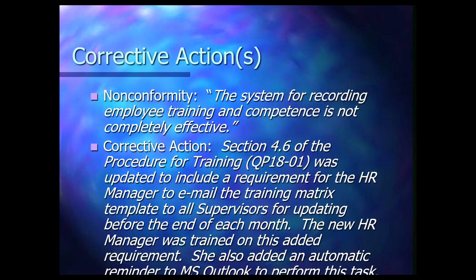We've updated the procedure for training to include a requirement for the HR manager to email the training matrix templates to all supervisors for updating before the end of each month. And then we trained the HR manager on this new requirement, and she has added an automatic reminder to MS Outlook to perform this task. So again, that corrective action is a mirror reflection of what we cited as our cause analysis.